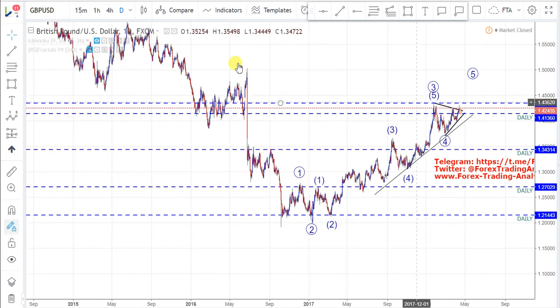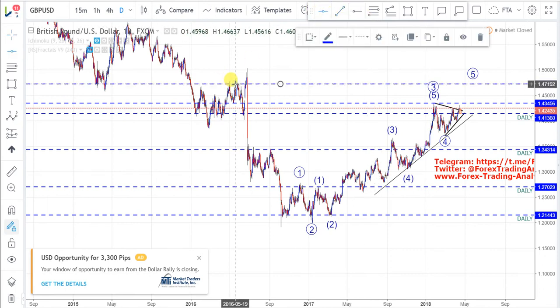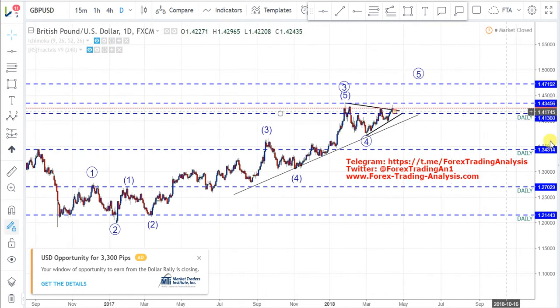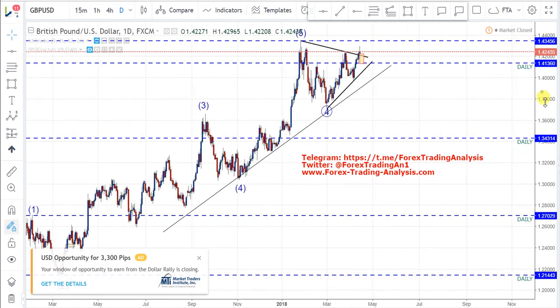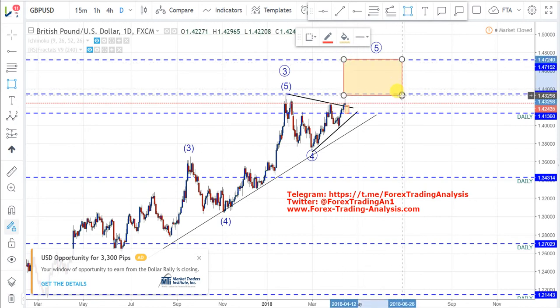And in this area, we have a couple of resistance areas we could be looking at as a target. Here's a resistance area that we could ultimately look at for our high. Obviously, we have to go through this first, but I would be looking at a target up in here.